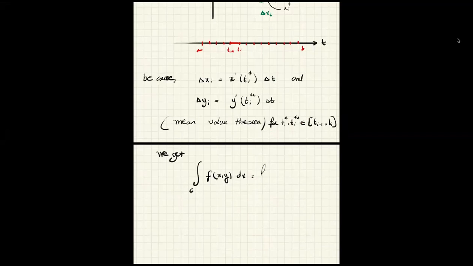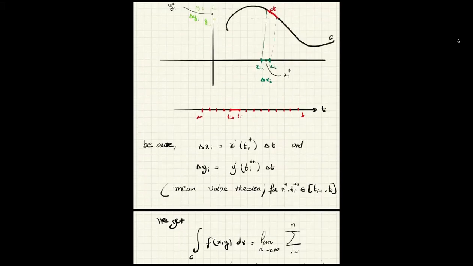So it's the limit when n goes to infinity of the sum from 1 to n of f(xi star star, yi star star) x prime(ti star) delta t. Okay, but as I was saying, this xi star is just something that is inside here.